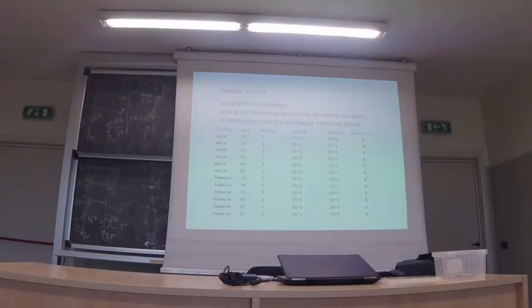If we know that the domain shouldn't have some kind of strange behavior, we can find the corresponding boundaries for the internal variables in combination with the techniques that we mentioned before. So we know that this kind of input could break our algorithm or is the most used in our case, so we want to test them.